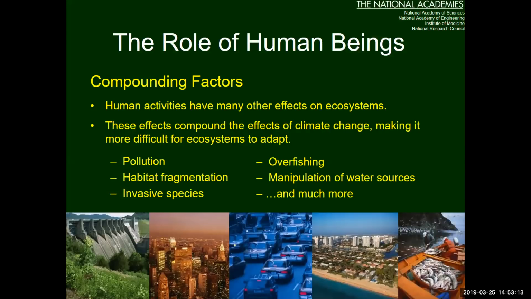So that was just a few examples from many regions of the United States of the kinds of ecological impacts of climate change. And what we want to remind everyone is that climate change is only one of many kinds of environmental stresses that organisms and ecosystems face these days.